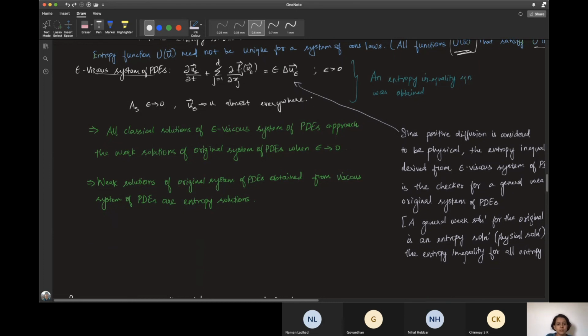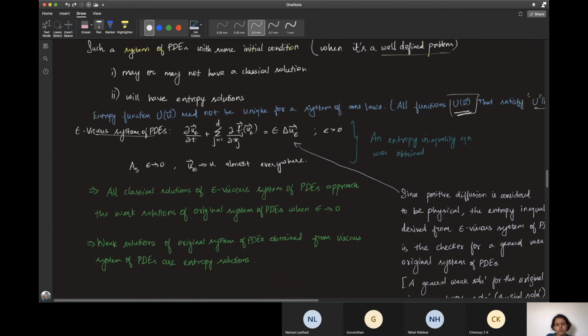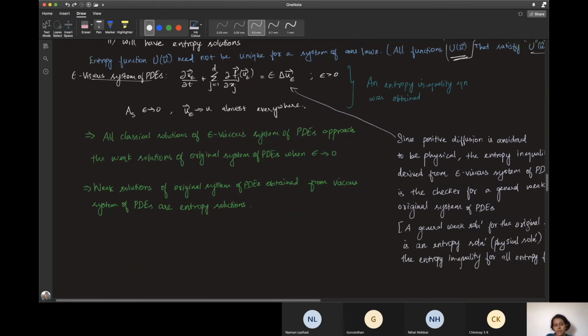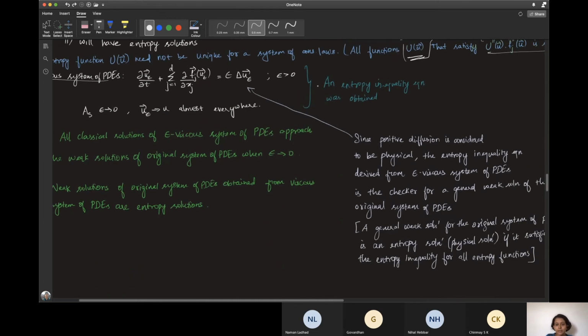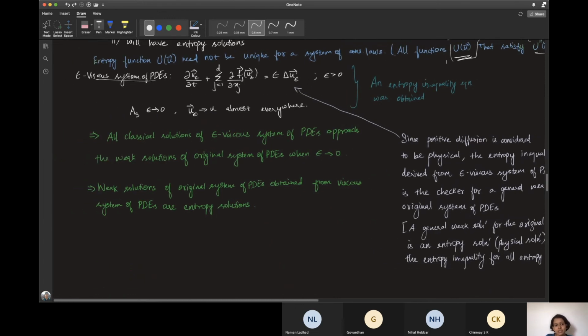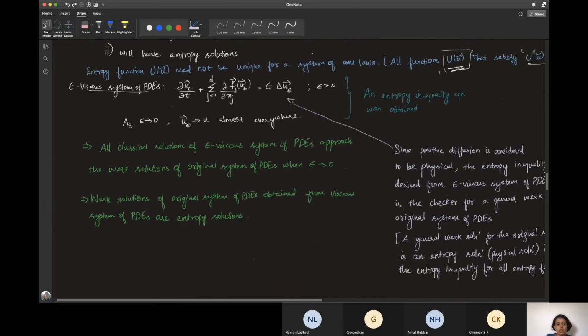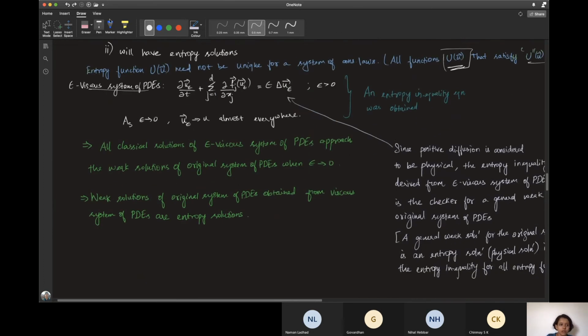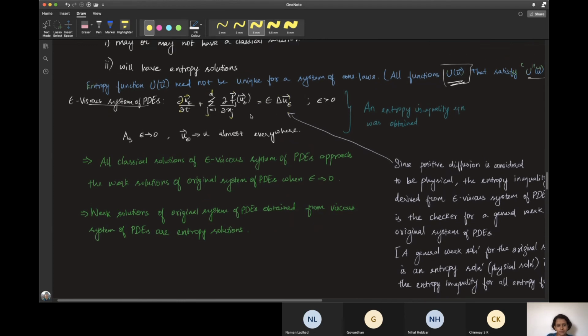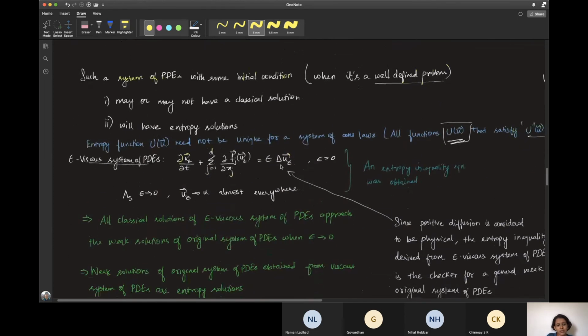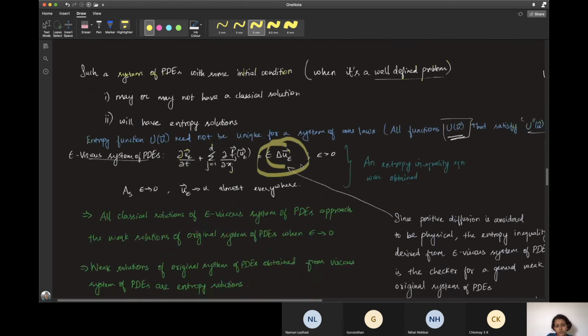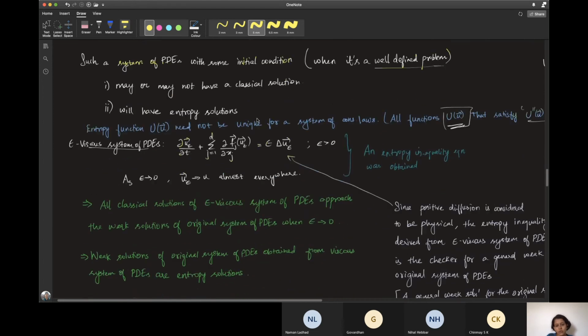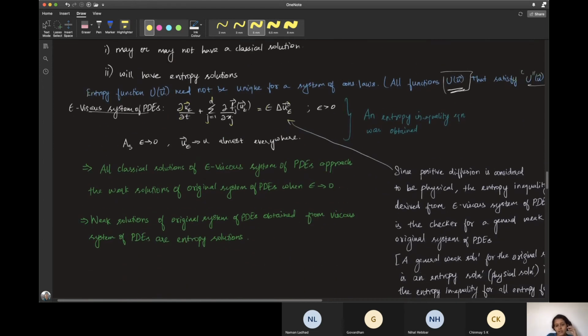Then we moved on to saying what entropy solutions are. For identifying the entropy solutions, that is the physically relevant solutions, we took something known as the epsilon viscous PDE. That is, we added a diffusion term to the original system of PDEs: epsilon times the Laplacian of the u vector.